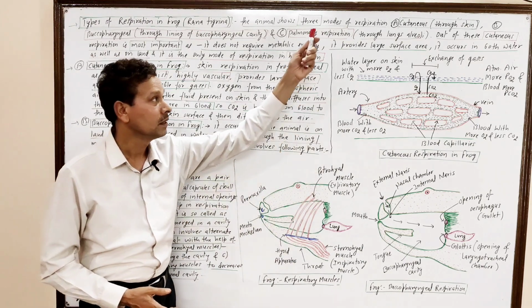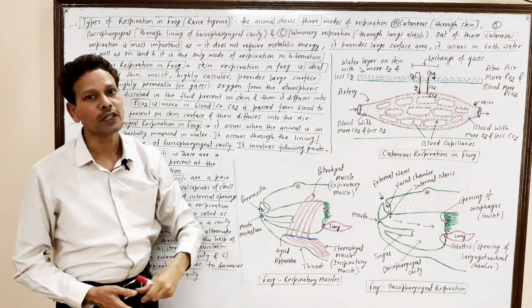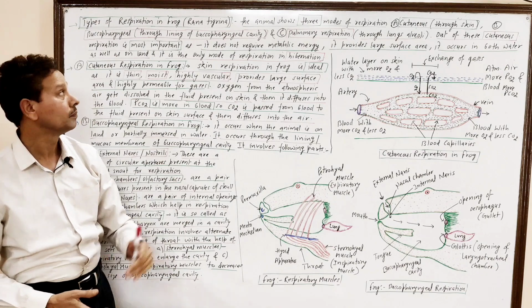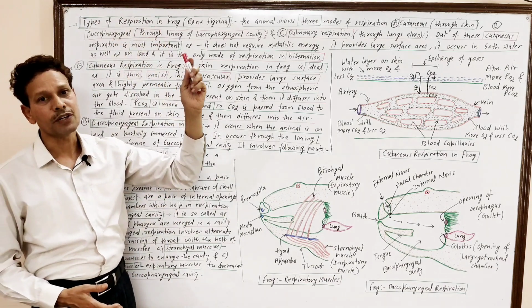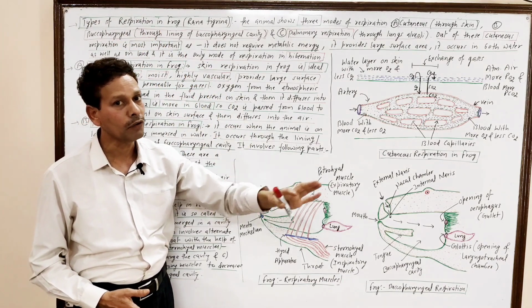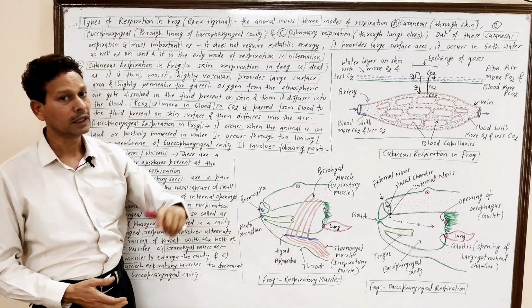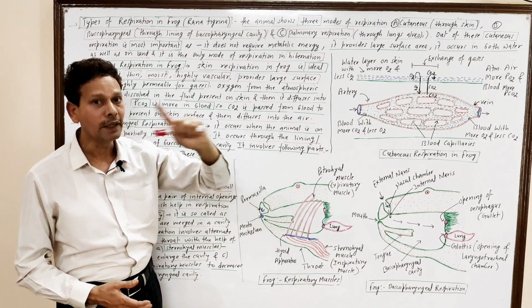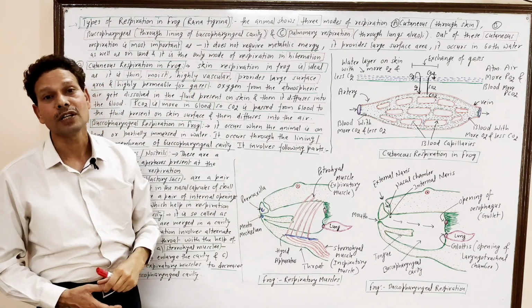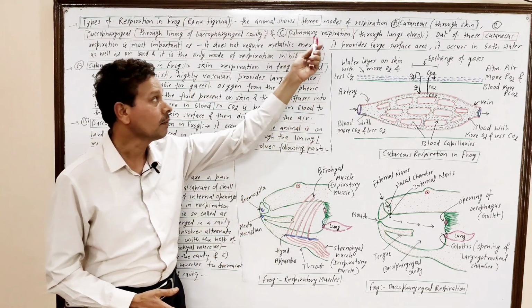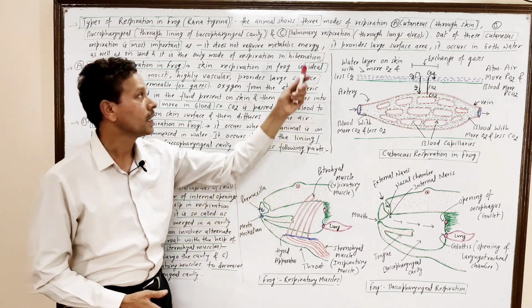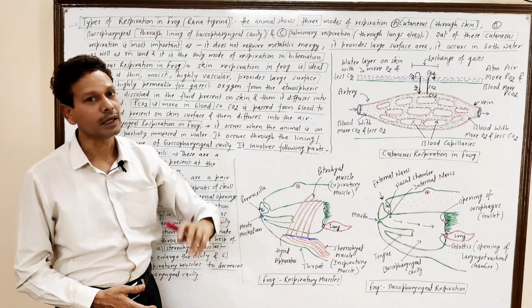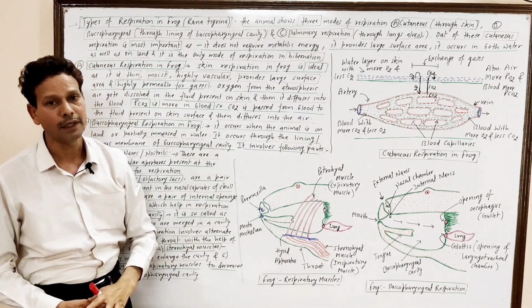Second is buccopharyngeal respiration, which occurs through the lining, the epithelium, of the buccopharyngeal cavity. And third is pulmonary respiration, which occurs through lung alveoli.